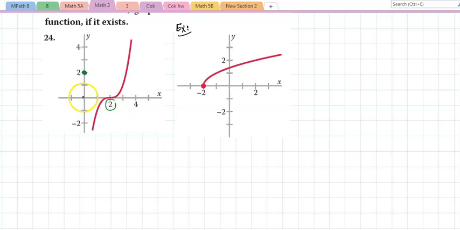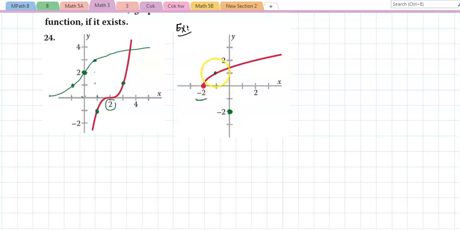Let's pick a point. This looks like 1, negative 1. So, negative 1, 1. And this point looks like 3, 1. So, 1, 3. And that's how the inverse looks. The example I gave is 1-to-1, so if you want to sketch the inverse, take the point negative 2, 0, switch x with y, that's 0, negative 2.